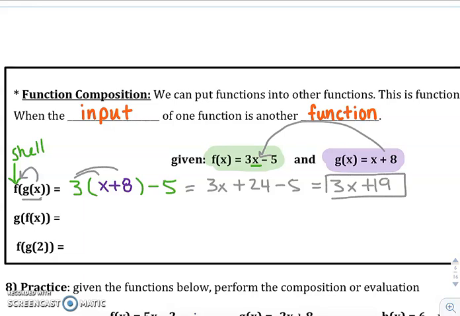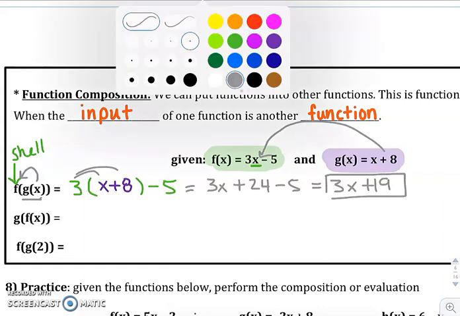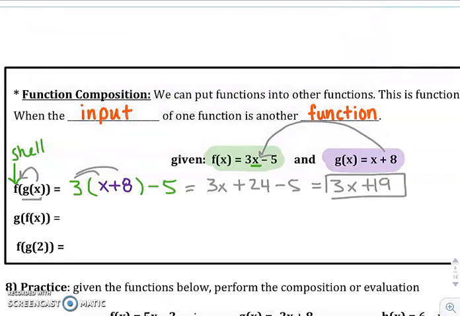So now let's look at the second one, and that is g of f. So we're starting with g, so instead of x plus 8, we'll do parentheses plus 8. And we are going to substitute this into that x spot.